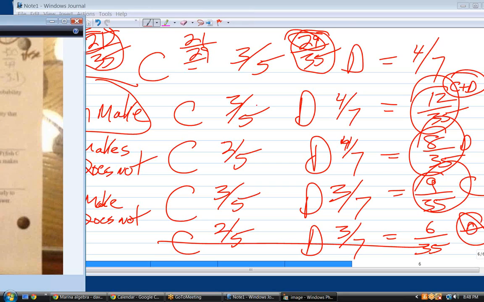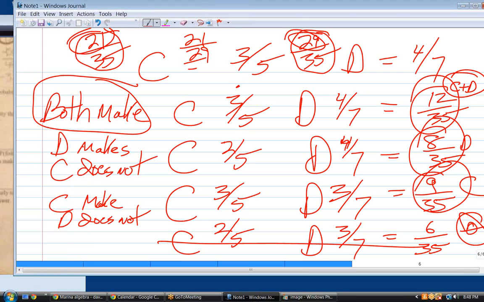If you have a calculator, 3/5 is 0.6, 4/7 is 0.5 something, 0.555. So fish C has the greater likelihood of making it, 0.6 versus 0.555. And that's all you need to say for that.